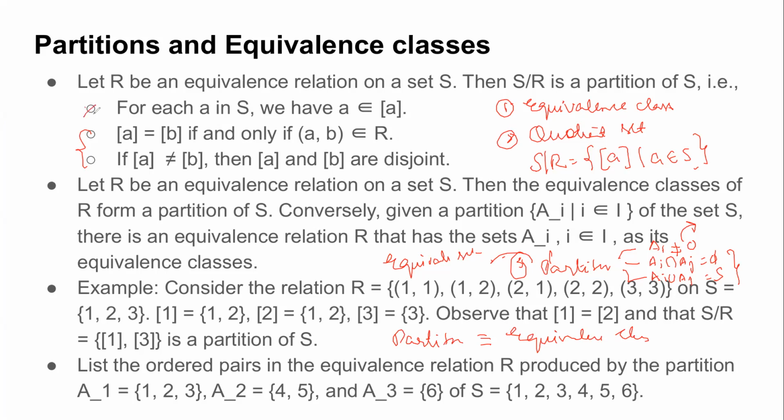It comes directly from this property. We know that if I draw the equivalence class of any element, it will at least have the same element. By that I am ensured that it will never be empty. Is that clear? So the three properties of partitions come from the three properties of the equivalence class. Is that clear? How we ensure that each partition is non-empty?